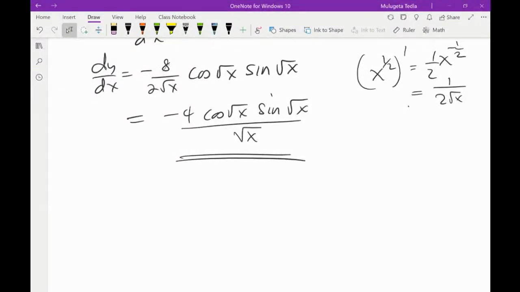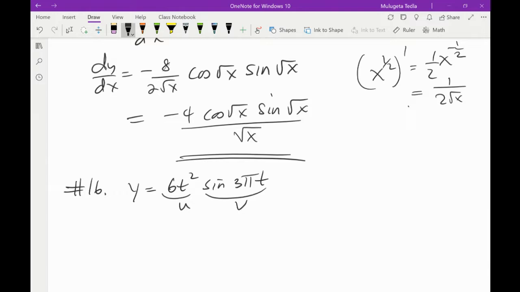So there is a product rule, which is y equals 6t squared sine of 3 pi t. Product rule: this is u, this is v. You know the derivative of the product uv is u prime v plus u v prime.